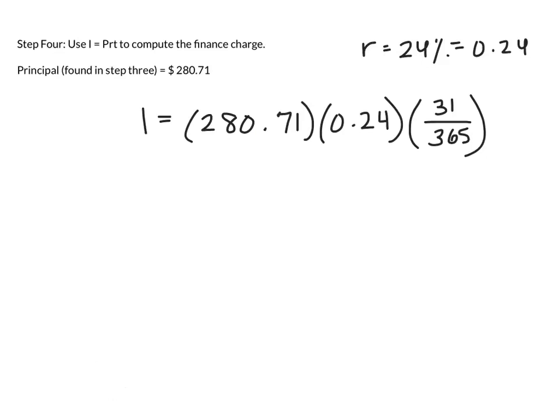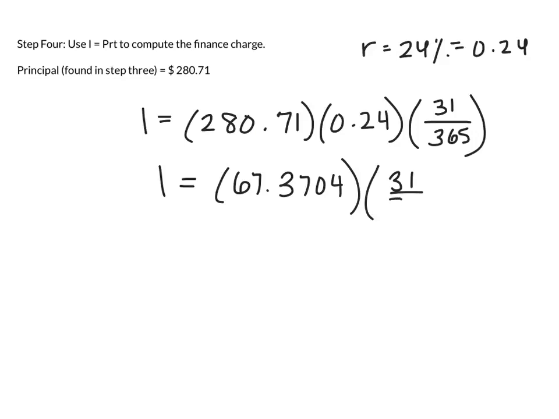Now we're going to go back to our formula and multiply 280.71 times 0.24. When we do that calculation, we get I equals 67.3704 times 31 over 365.